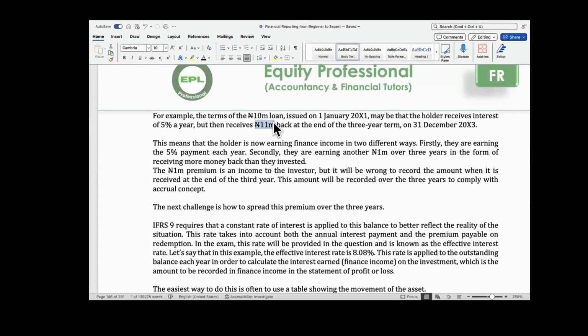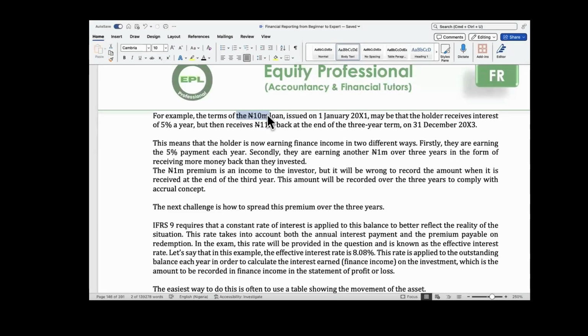The right way to do it is that you should recognize that 1 million over the 3 years, because yes, you earned it over the 3 years. The only reason you're getting the extra 1 million is because you left your 10 million with them for 3 years. If you sell it in between, you won't get the extra 1 million. So that extra 1 million should also be recognized over the 3 years.